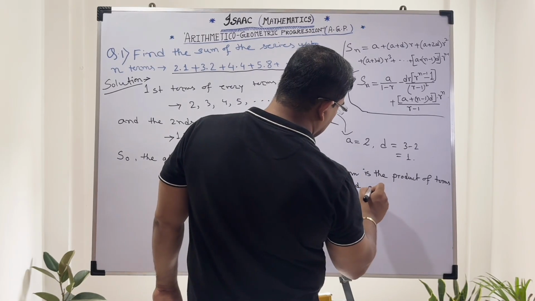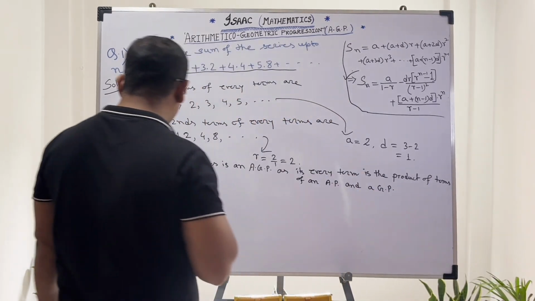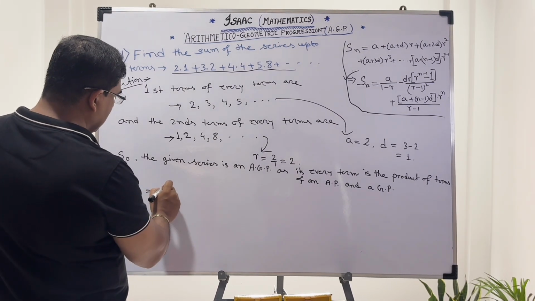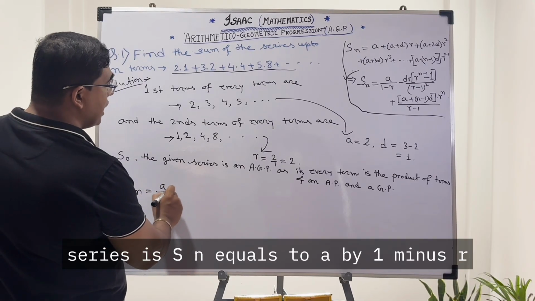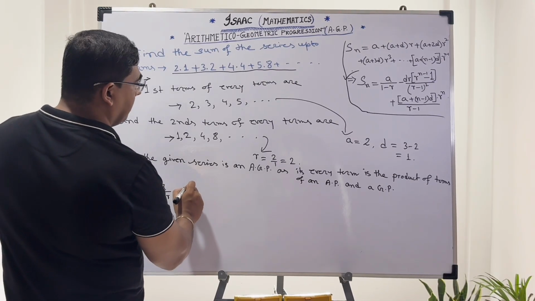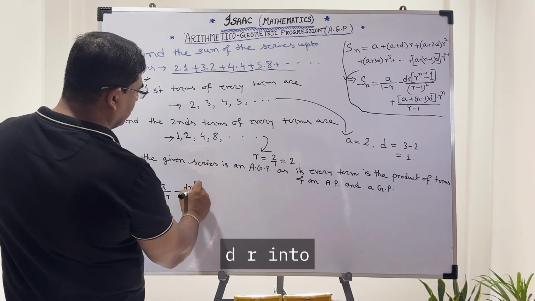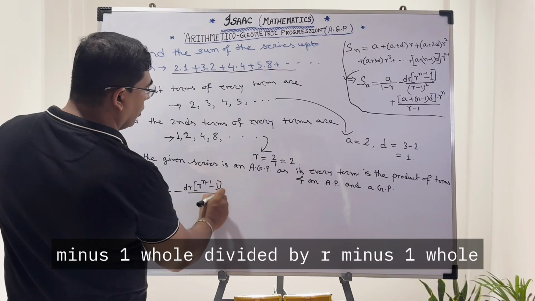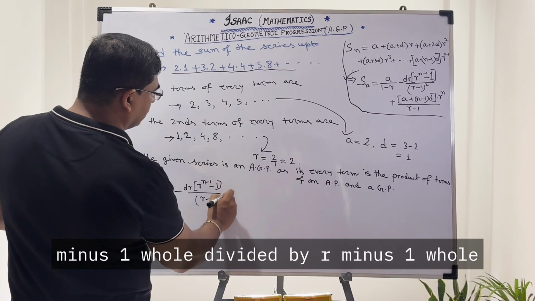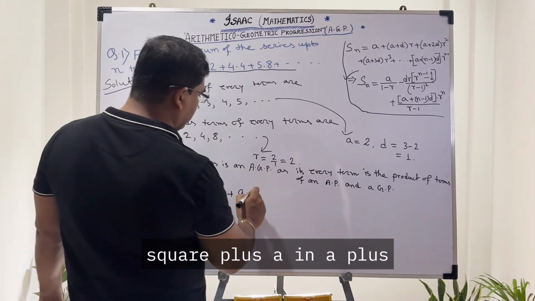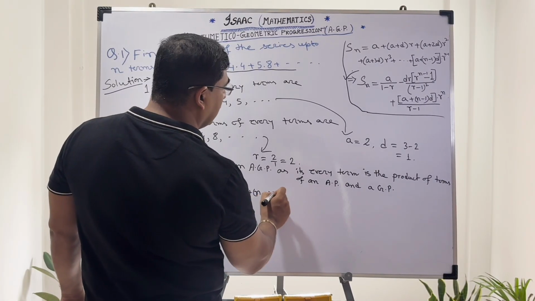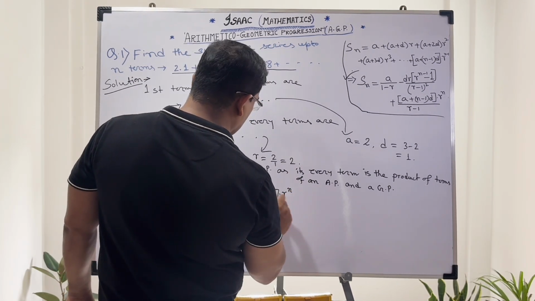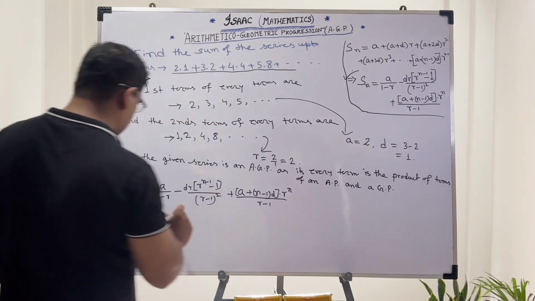Okay. So therefore, the sum of n terms of this series is Sn equals a by 1 minus r minus dr into r to the power n minus 1 minus 1, whole divided by r minus 1 whole square, plus a plus n minus 1 whole into d, this whole into r to the power n, whole divided by r minus 1.